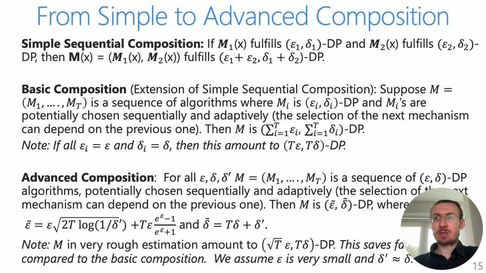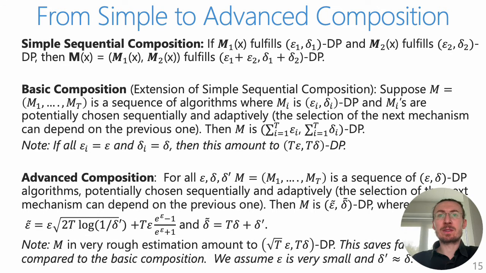So once we establish that, now we can move on to the very important result, which is called advanced composition. Advanced composition states that if we have these parameters epsilon, delta, and delta prime, and we have again this sequence of mechanisms M sub 1 to M sub T, so we have T such mechanisms, we can think about that as being T training rounds of the ML model, and they are basically sequences of epsilon delta DP algorithms.